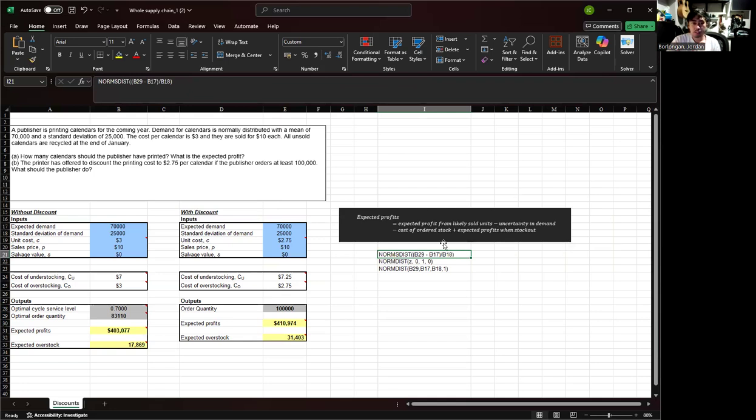So in the first part, for the likely sold units, it explains what's the chance that the demand will be less than or equal to the order amount. That's what the first part of the command entails.